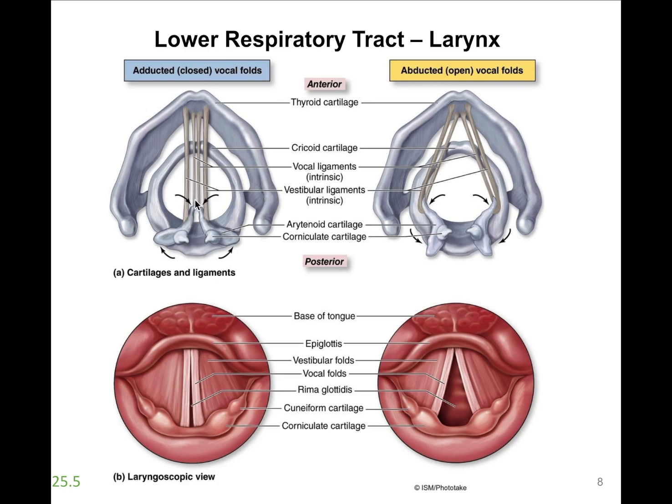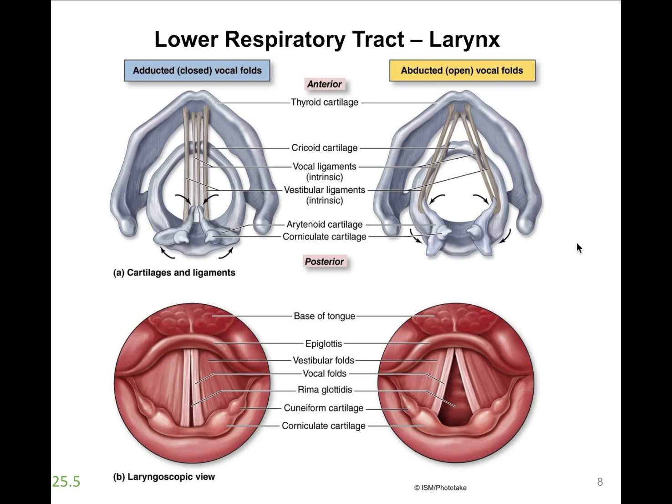So the ones on the inside here, and if you were to look at it from a side view, these inside ones would be a little bit lower down in the throat as well. These are the vocal ligaments, and these ones that are a little bit up higher and a little bit more to the side are the vestibular ligaments.